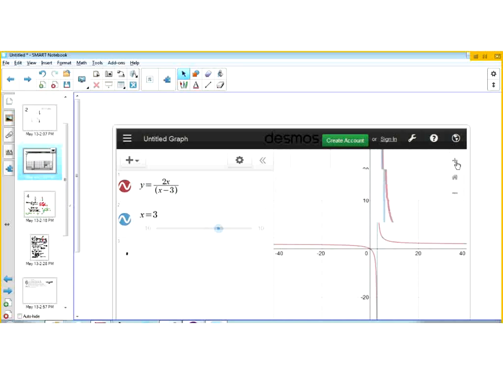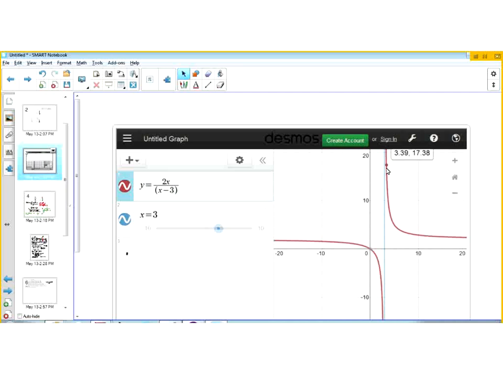Okay. And so what happens as we approach 3 from numbers less than 3? Where does the output end up? Well, in this case, the output goes toward minus infinity, right? It drops off toward minus infinity as we approach 3 from numbers less than 3. See, as my abscissa gets bigger, the output gets smaller and smaller. And by smaller and smaller, I mean it goes toward negative infinity. Likewise, as my abscissa approaches 3 from numbers bigger than 3, in other words, my abscissa is getting smaller and smaller, look what's happening to my outputs.